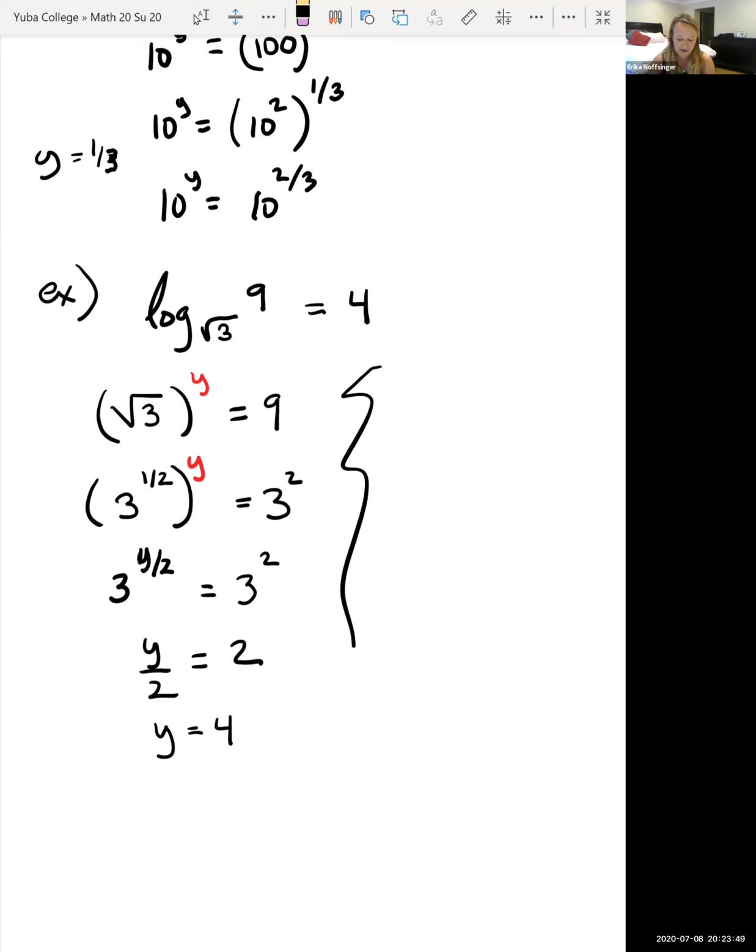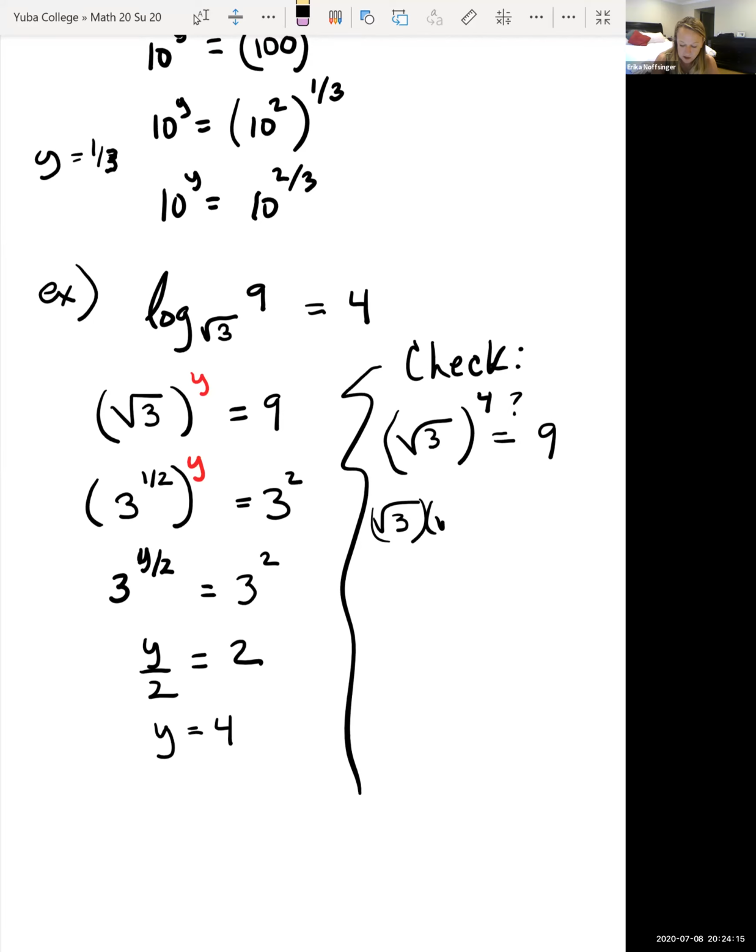So we can check it, right? This is saying root 3 to what power? And we said it was 4, would give us back this 9. Well, I know that I'm multiplying this out 4 times. That's one way you can think of it. We could rewrite that square root as a 1/2 power and power to power, you'll see 1/2 times 4 is 2, 3 squared is 9.